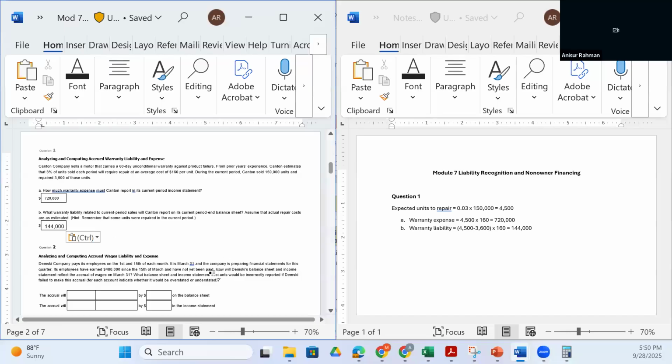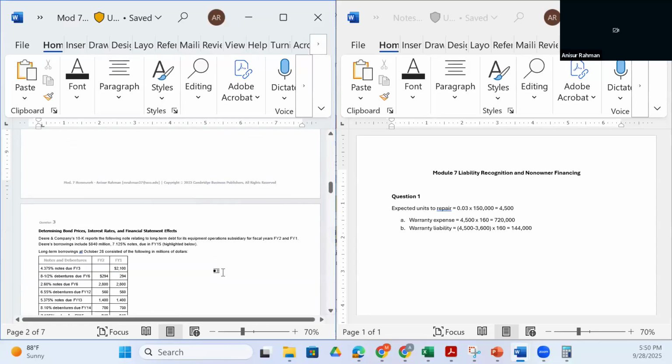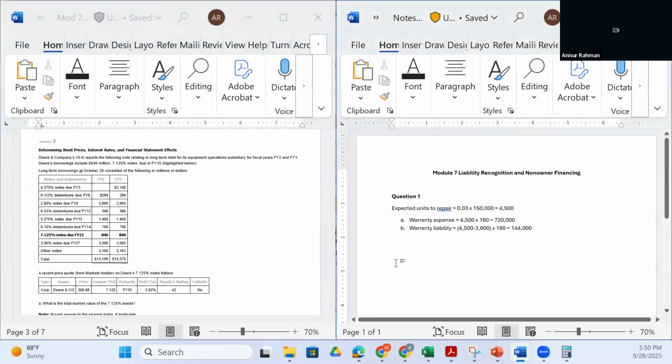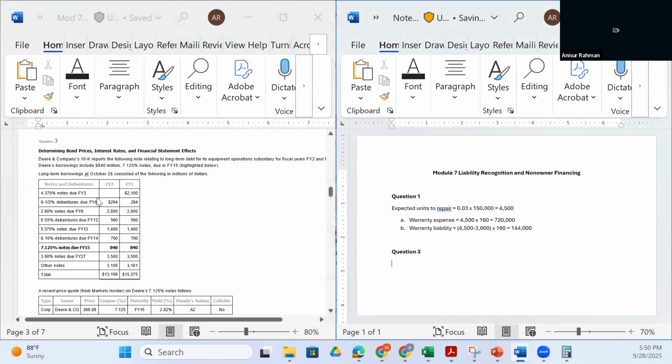Now let us work on this problem. Question 3 is a long one, at least in terms of the amount of information you have to process. What it is telling you here is that this company has long-term borrowings, fiscal year 2, fiscal year 1.